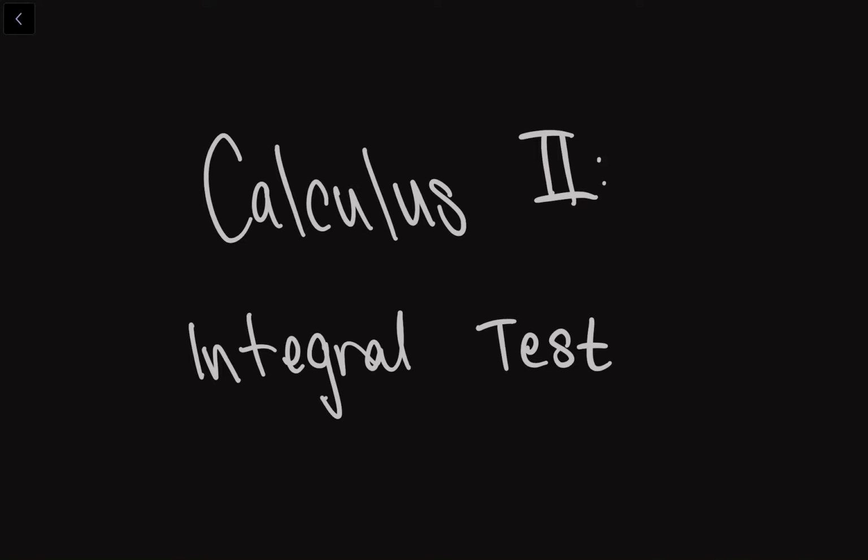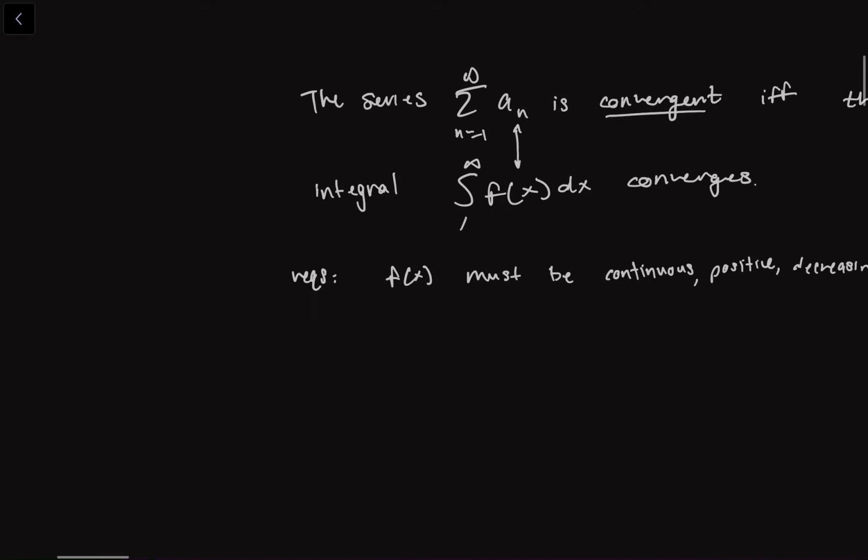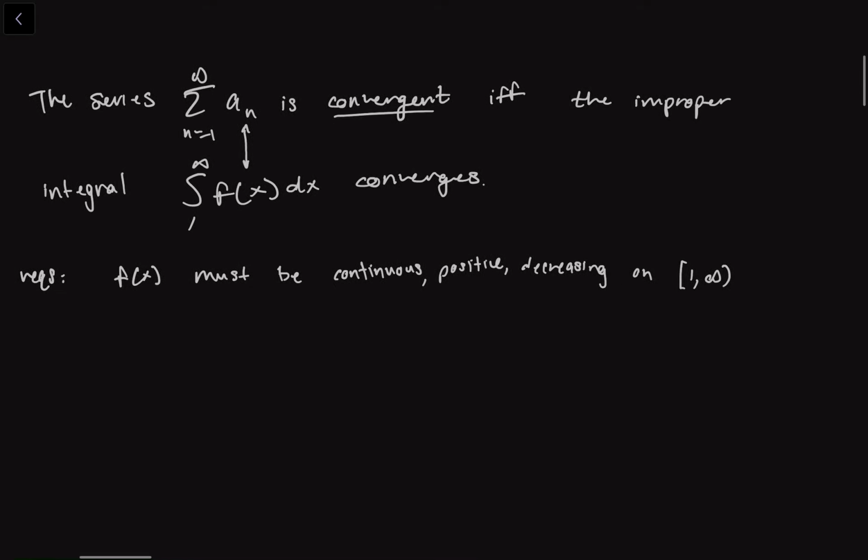Today we're doing some more Calculus 2 practice problems looking at the integral test with series to determine convergence or divergence. So let's look at this series from 1 to infinity of a sub n, and we're trying to determine the convergence or divergence of this. What we can do is directly compare it to an improper integral, going from 1 to infinity, of a function.